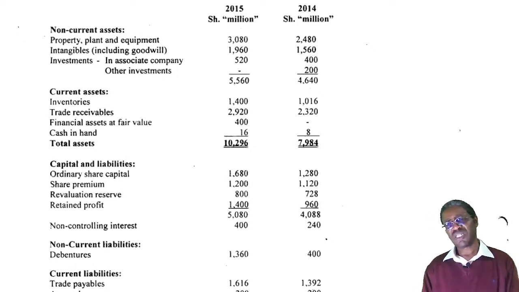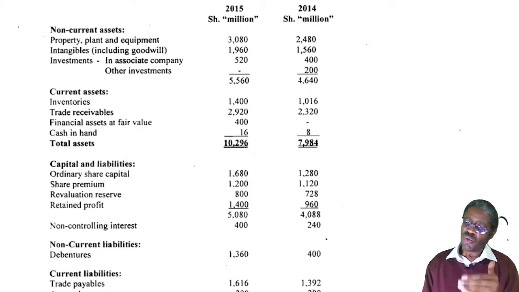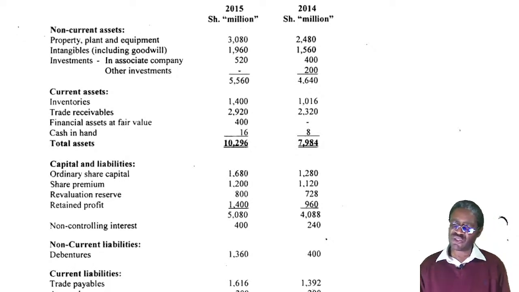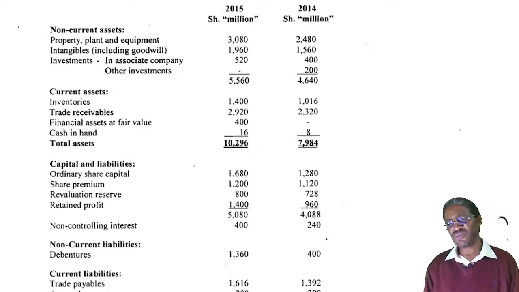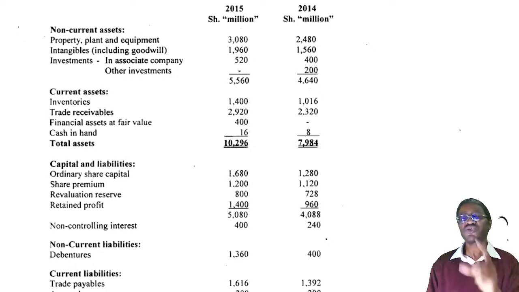This year, there was a dash, meaning we don't have it. That note number 5 says we sold our investment for 240 million. So if it had a book value of 200 million and we sold it for 240 million, we must have sold it at a gain of 40.